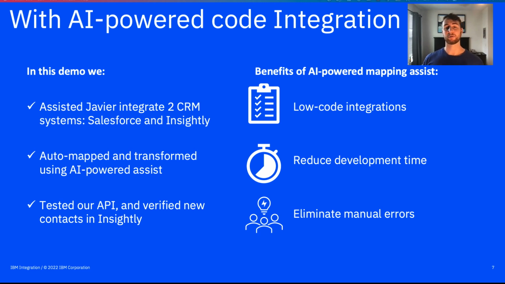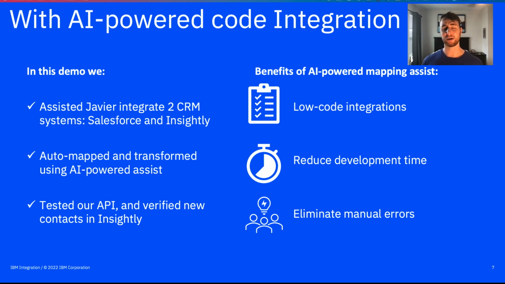You're also able to reduce time with the low-code tooling and AI-powered mapping assist. Like we said initially, mapping takes a long time, coding takes a long time, and you can automate these features with this low-code Cloud Pak for Integration.